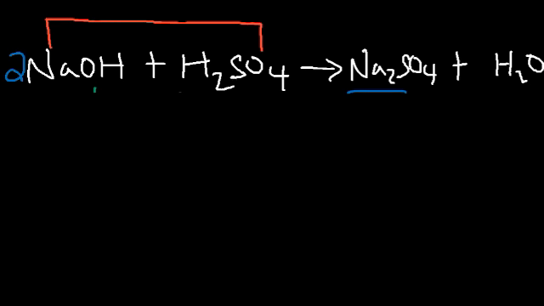Now to balance acid-base reactions, here's what you can do to quickly get the answer. Notice that you have 2 hydroxide ions, 2 H+ ions. That's going to produce 2 water molecules. It's always going to work out that way. So this is a 1. So now the reaction is balanced.